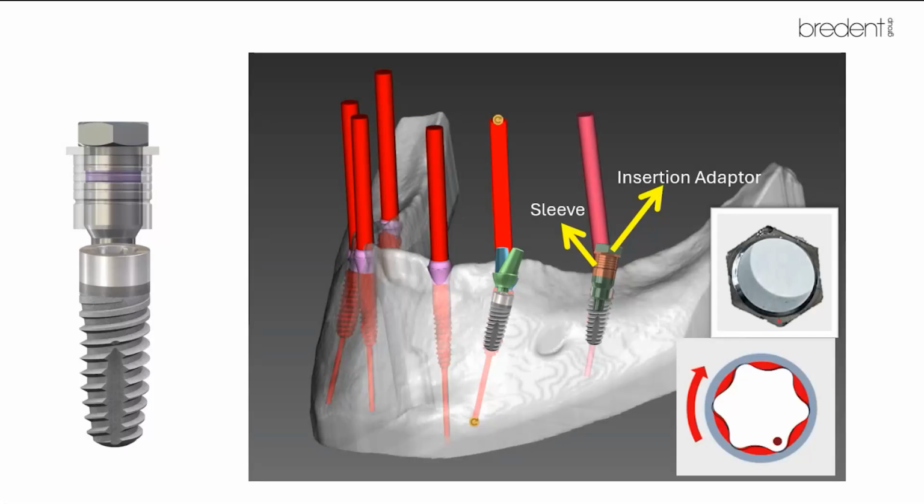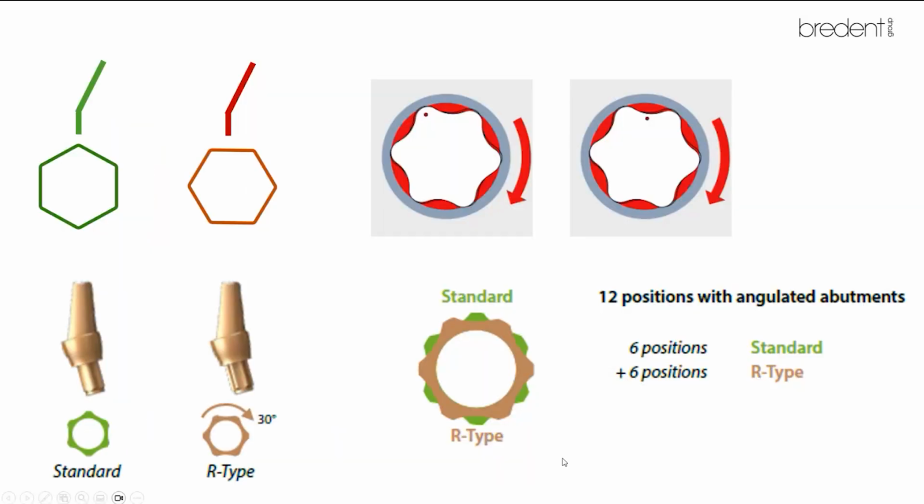But Bredent has one more selection of abutment, which is called the R-type abutment. This is a standard abutment, what I showed you right now. So the angulation is matching to this corner, and there is the R version, which is the flat version. Just to understand, this angulated dot is here, and for the R version, the angulated dot is here.